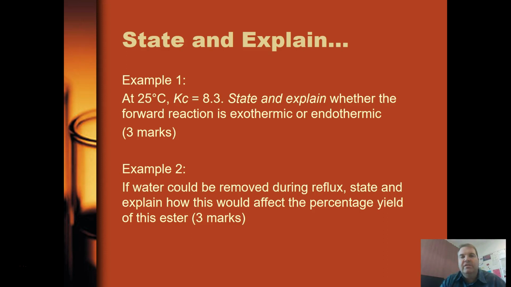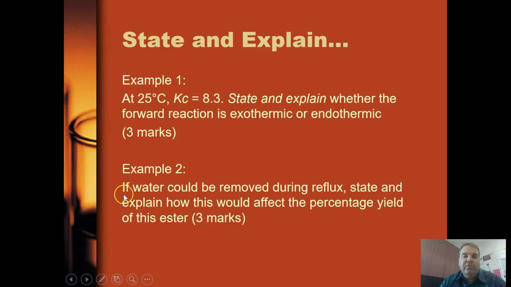So without the rest of the question, you don't really know which one it is, but you would say in this one, for example, it's exothermic because an increase in temperature, I have to think this through in my head, sorry. So an increase in temperature favors the endothermic reaction. All right, so the Kc value would have gone up if the temperature was increased, and so you're stating and explaining it. Okay, just doing that off the top of my head, so I hope I got that right. Please feel free to comment below if I made a mistake.